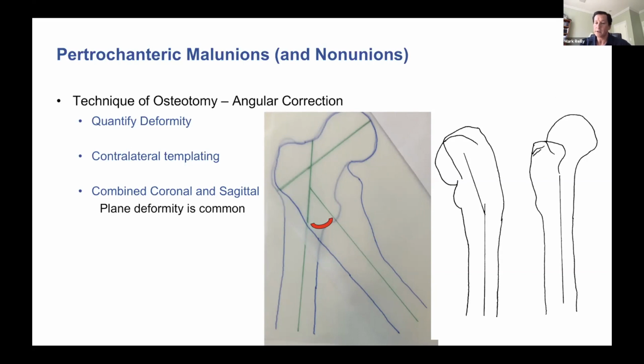But it's really important, in these injuries, to identify the sagittal plane deformity and include that in our plan for correction as well. And of course, we recognize that it's not two deformities, one in the coronal and one in the sagittal plane. It's a single deformity that happens to be non-orthogonal to the two planes that we have x-rays in.